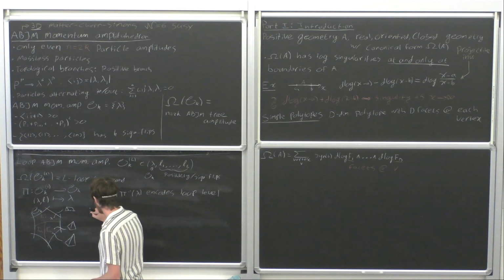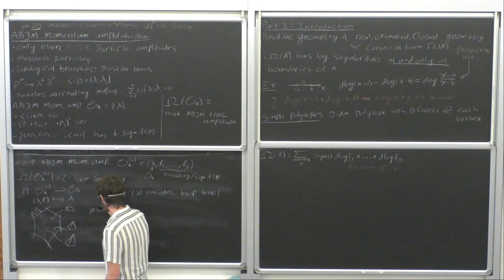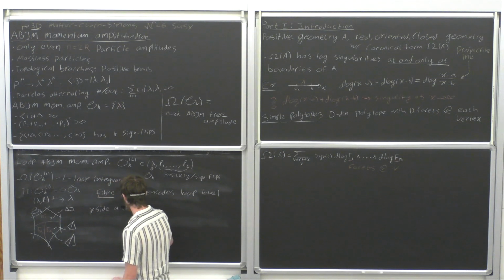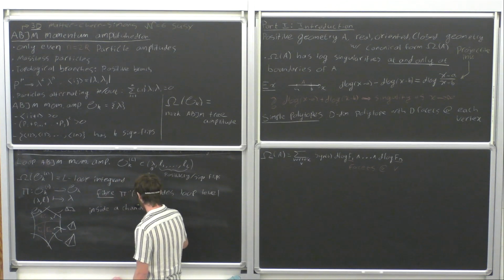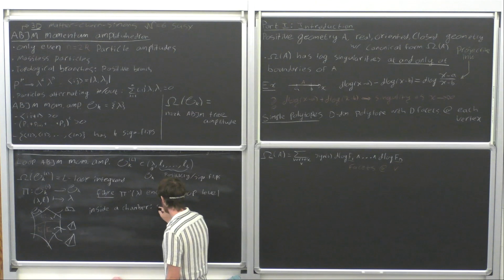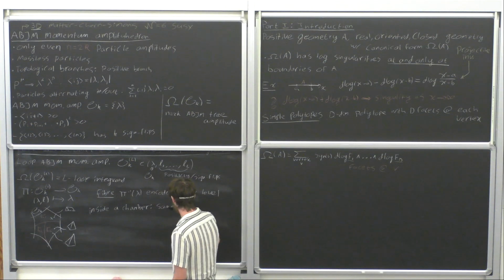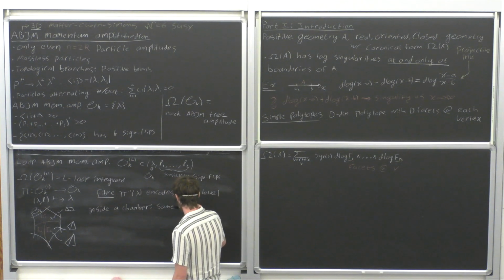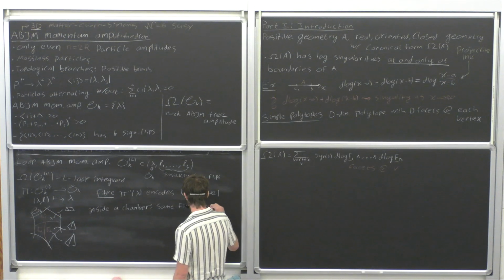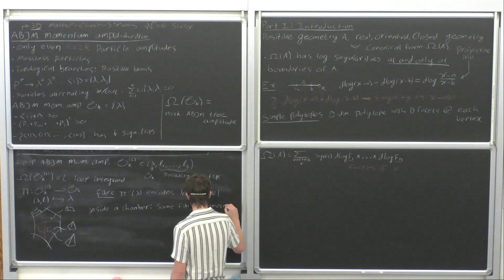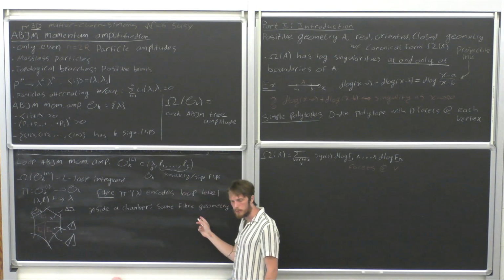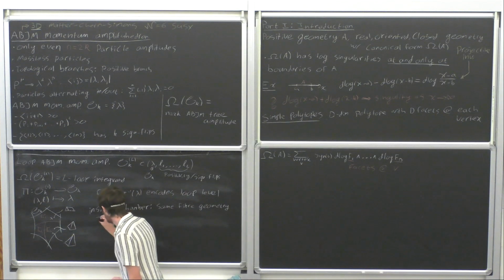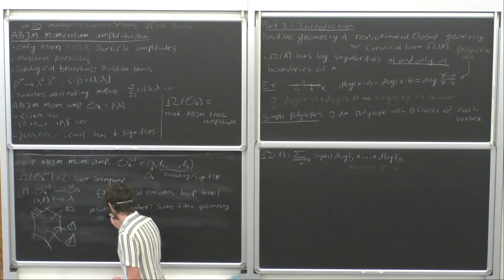So inside a chamber, we have the same associated fiber geometry. And what is important about that for us is that this implies that the fibers have the same canonical form.